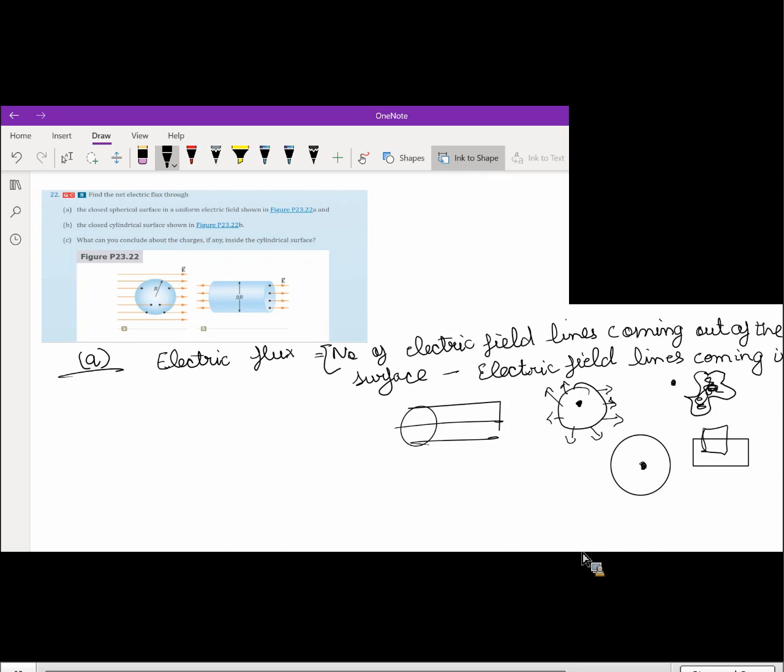It won't work for an irregular surface. No, we can't apply Gauss law there. But if it's a closed surface, the total flux through it remains zero if there is no charge enclosed in it. Does that make sense? Oh, perfect.